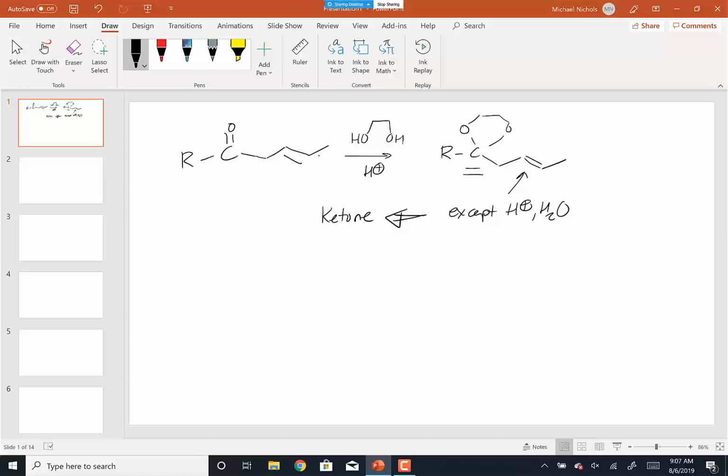So that's the way we were protecting ketones and aldehydes from reacting if I wanted to do something else to the molecule. The method talked about in the alcohol section was a way to protect alcohols from their reaction. So, for instance, if I have an alcohol, and let me just make something up here.